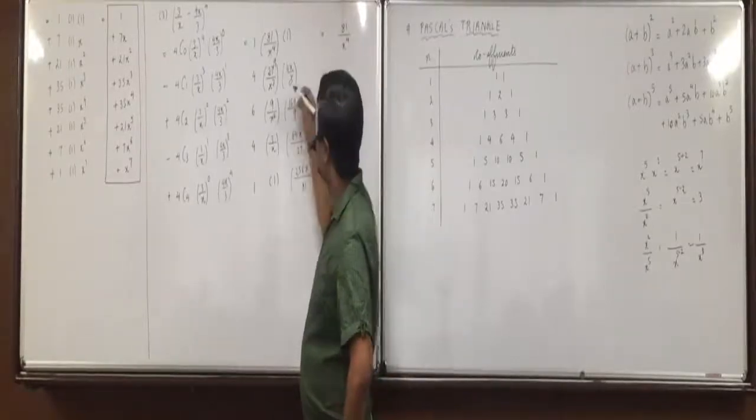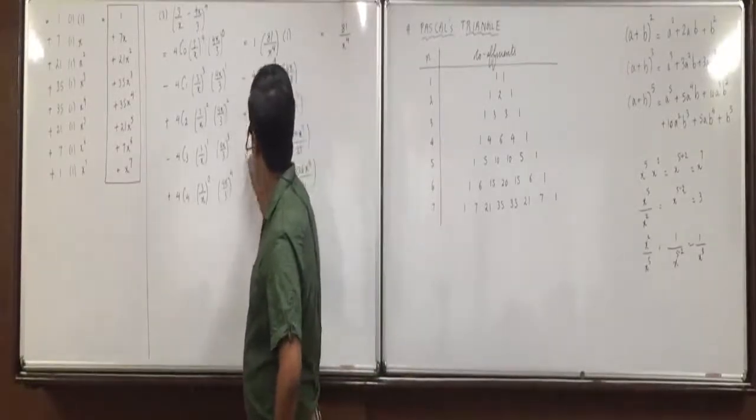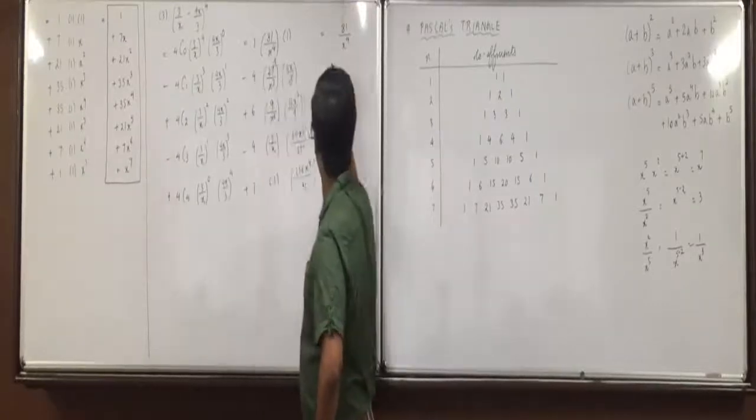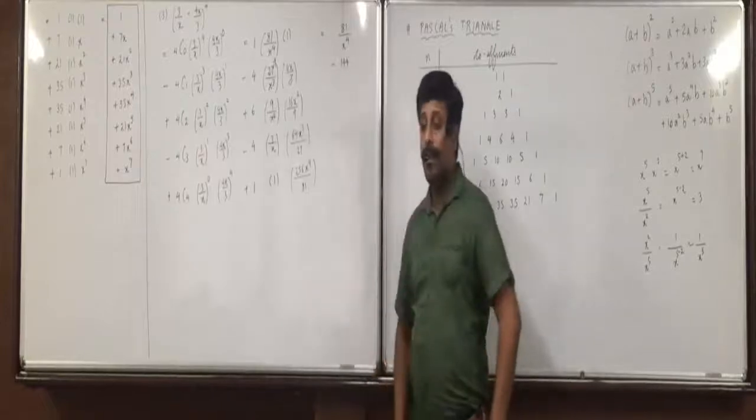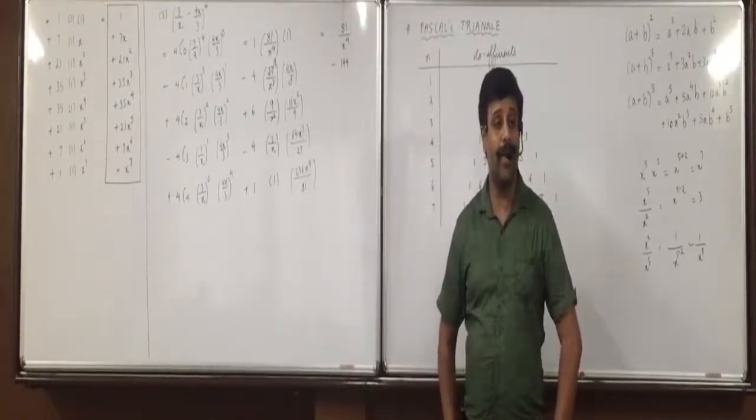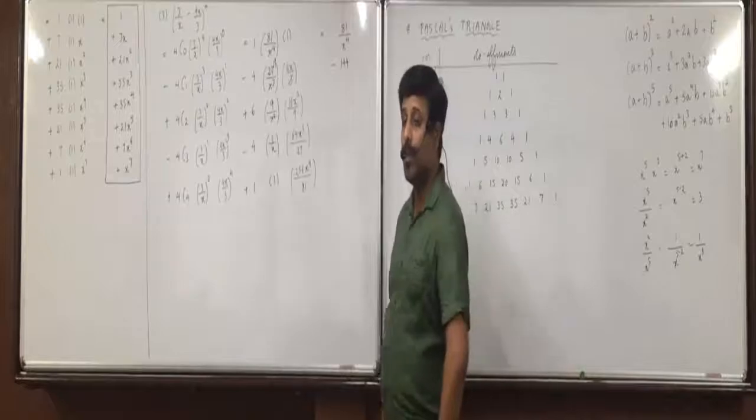So write, okay, signs we forgot: minus, plus, minus, plus. So write minus 144. Raise your hand who did not understand how 144 is obtained. All are clear with this?